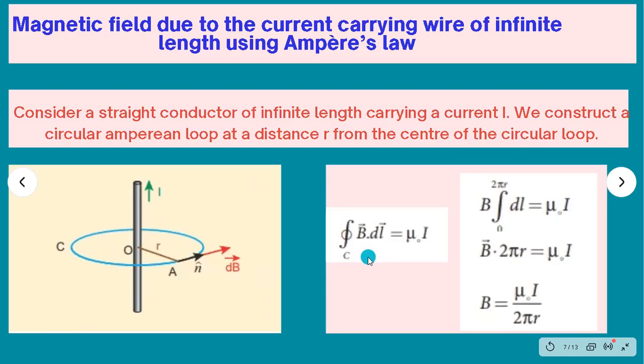So integral B dot dl is equal to mu naught into I, or B into integral of dl from 0 to 2 pi r is mu naught into I, because magnetic field along that circular path is a constant, as all points are equidistant from the conductor. So B into 2 pi r is mu naught into I, or B is equal to mu naught I by 2 pi r.